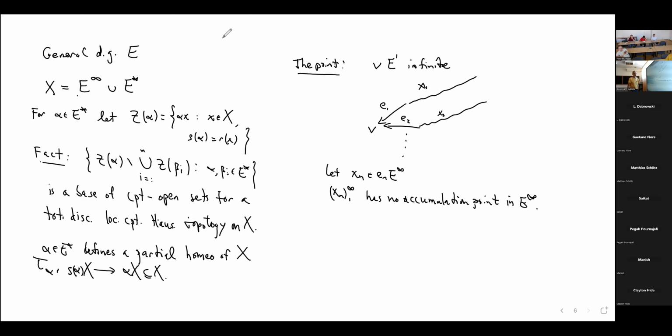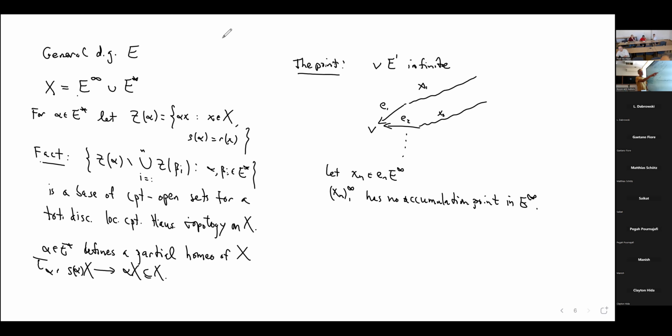But according to this topology, right? Whatever topology. If you look at just infinite paths, we think of it as having the cylinder set topology, like the usual Cantor set. And the point is, when you have infinitely many edges coming in somewhere, that topology is no longer locally compact, because here's a sequence that has no convergent subsequence. It's very much divergent.